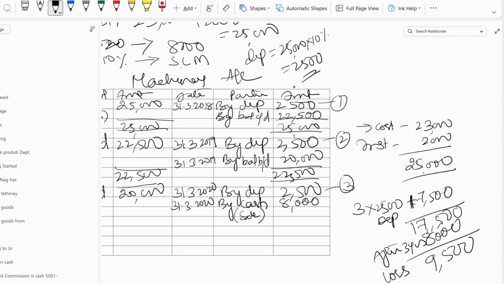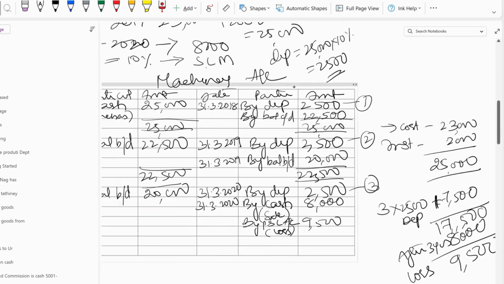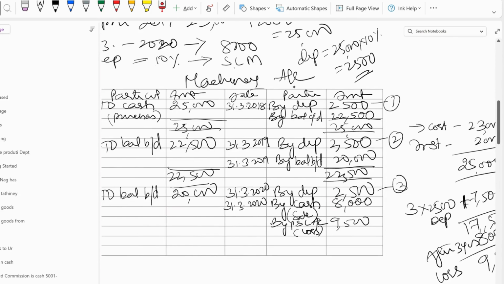Okay. So if you get loss, we should write by profit and loss account. Loss is 9,500. In bracket, you can write loss. If you get profit, which side you'll write? You'll write this side. Right, left side. To profit and loss, you'll write this side. But you got loss, so write this side. Now see whether total is tallied. Here it is 20,000. You check here also it is 20,000.